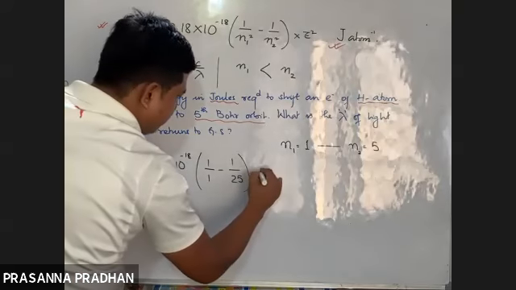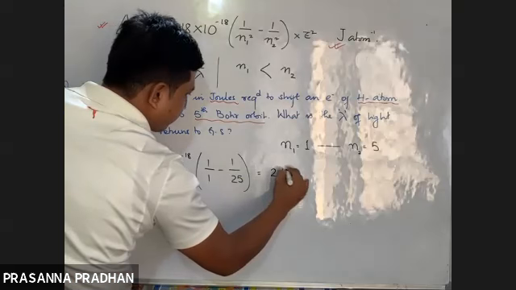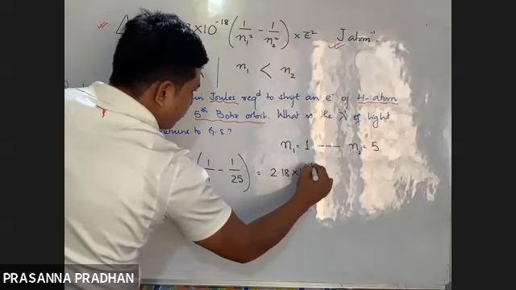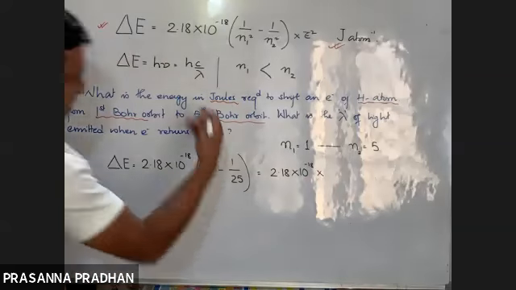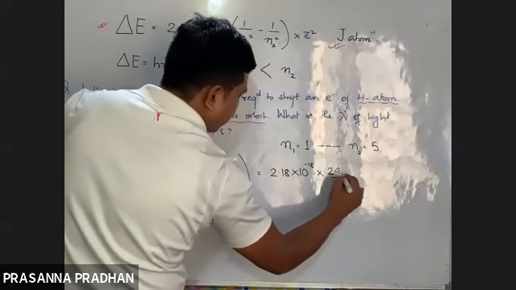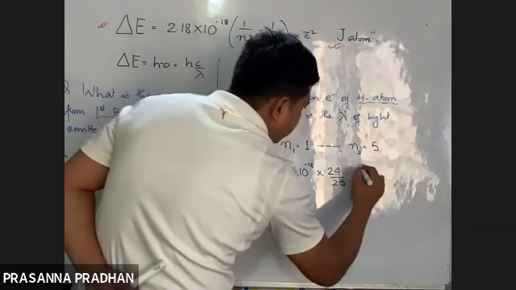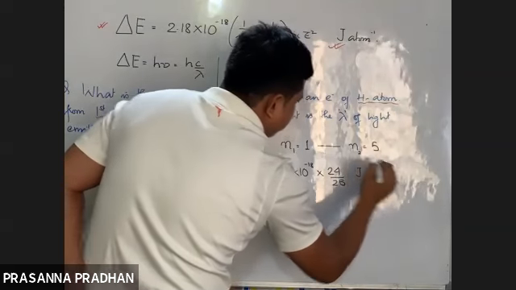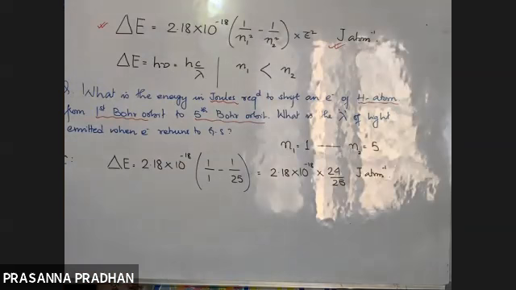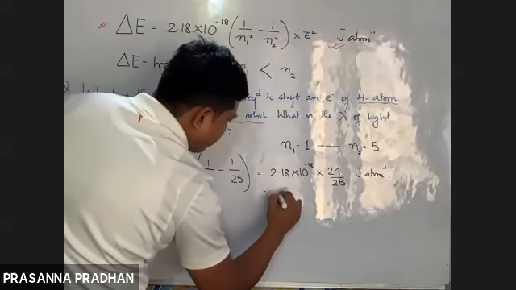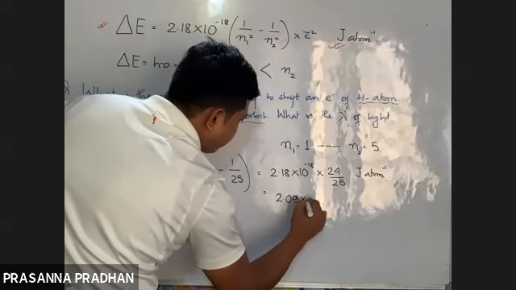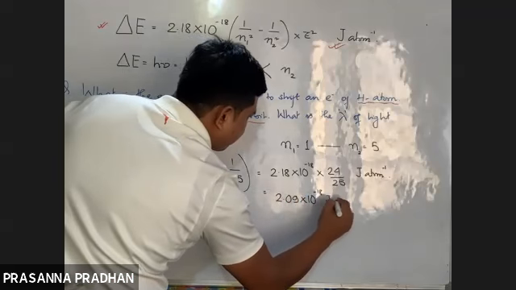So this will be 2.18 into 10 to the power minus 18 into, taking the LCM, 24 divided by 25. The unit will be joule per atom. Calculate how much it comes, if you have a calculator. This will come out to be 2.09 into 10 to the power minus 18 joule per atom.